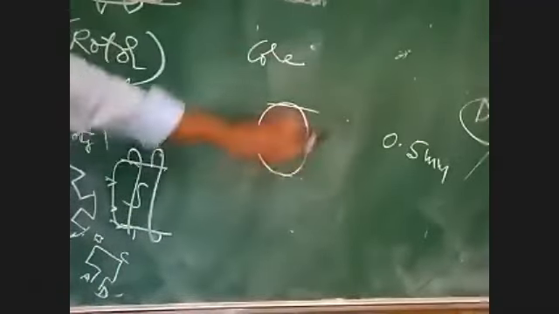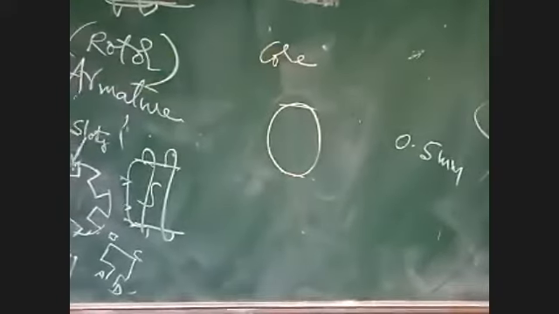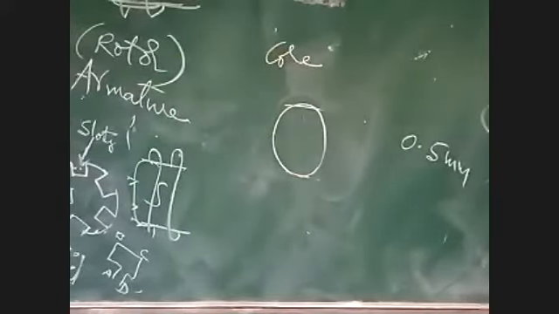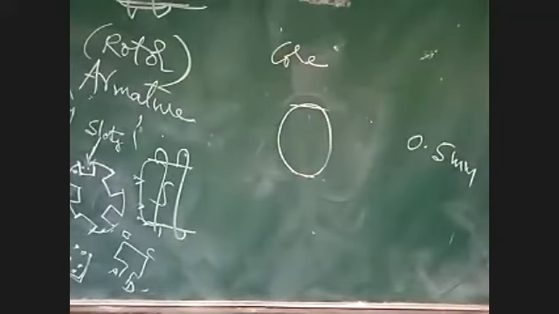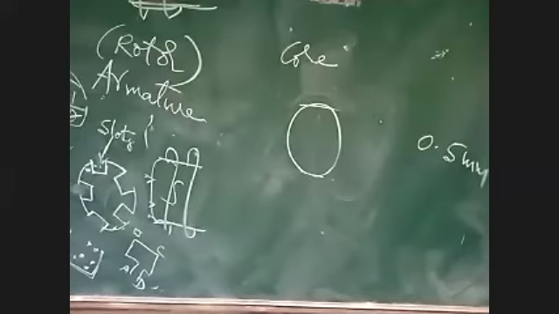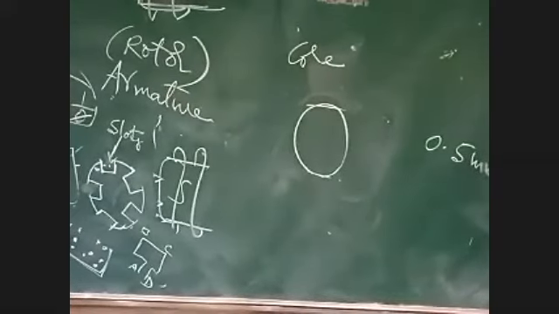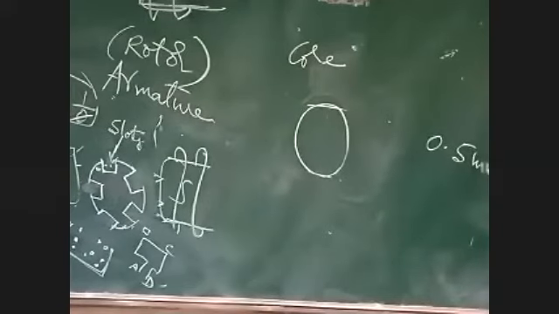With the help of a punching machine, I am cutting the thin rectangular lamination sheet into circular shape. How many sheets will I cut? Nearly 2000 to 4000 sheets in circular shape.